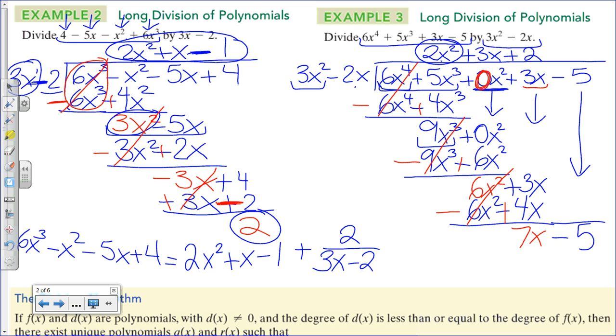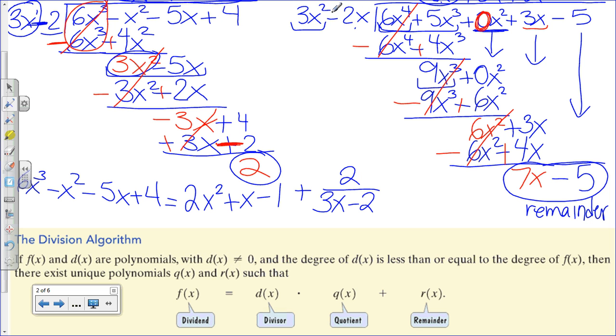Now here, if you guys notice, I'm going to go ahead and call it the remainder because we cannot go any further, and I'll tell you why. What is the degree of the remainder? A 1. And what is the degree of the divisor? A 2. So once the degree of the remainder is lower than the degree of the divisor, that's your cue to stop. There's no more division.